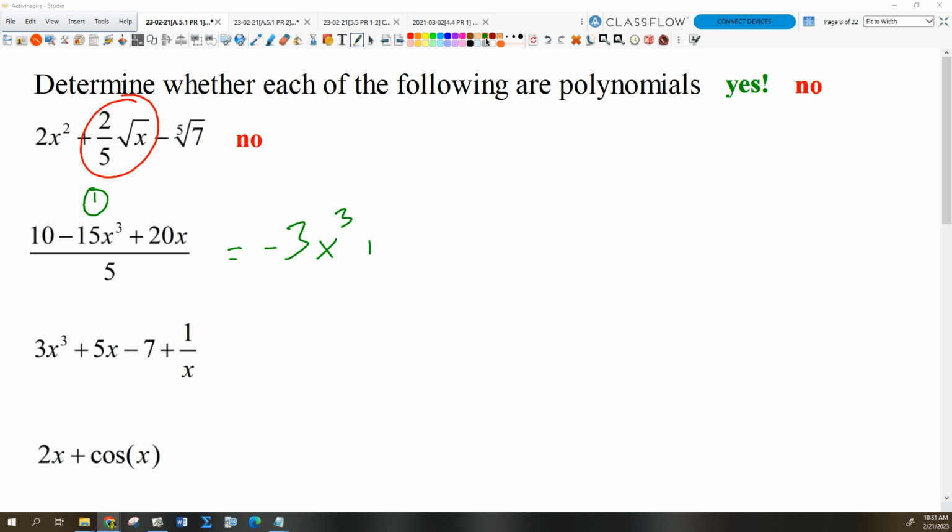There you go, plus 4x. Okay, good, because 20 over 5 is just 4. And then last one, Treasure, what's that going to be? 2, that's it. 10 over 5 is 2, good. So that one is a polynomial, right?